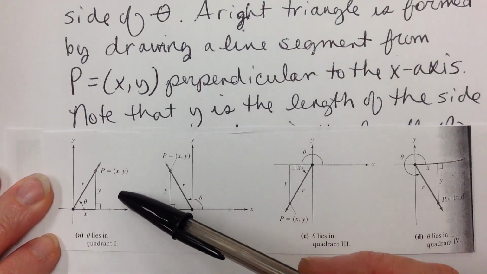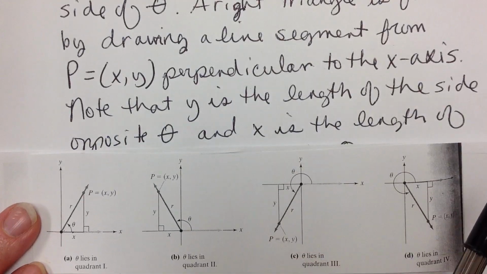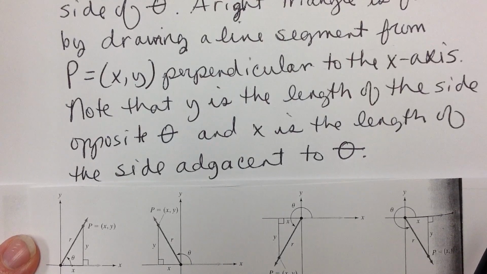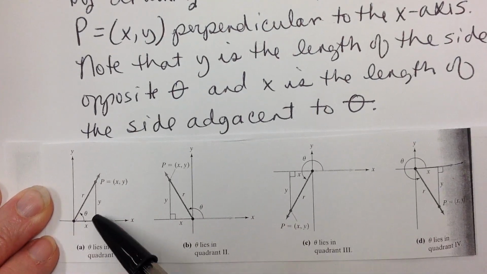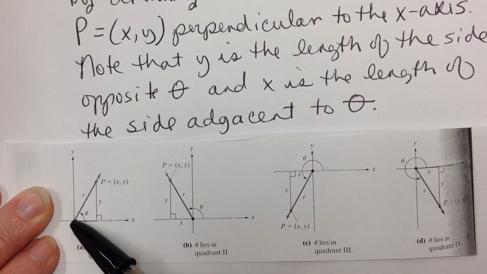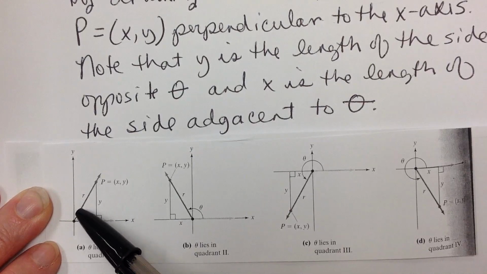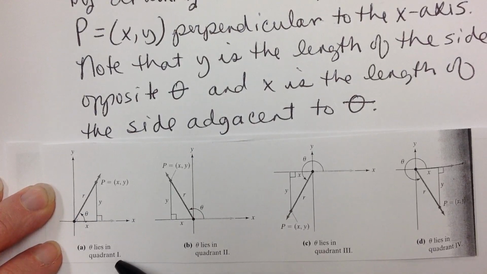Note that y is the length of the side opposite theta, and x is the length of the side adjacent to theta. This is in quadrant 1.